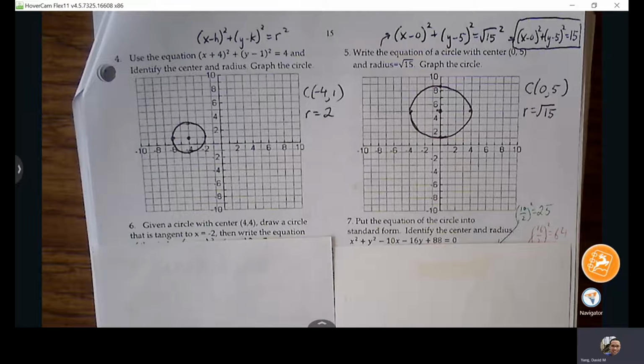So a lot of it you may have to do a little bit of estimation. Okay, any questions with 4 or 5?